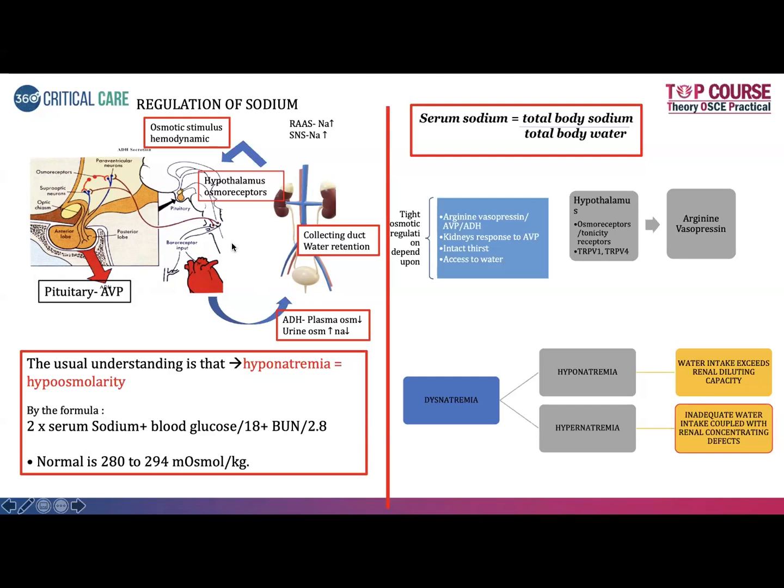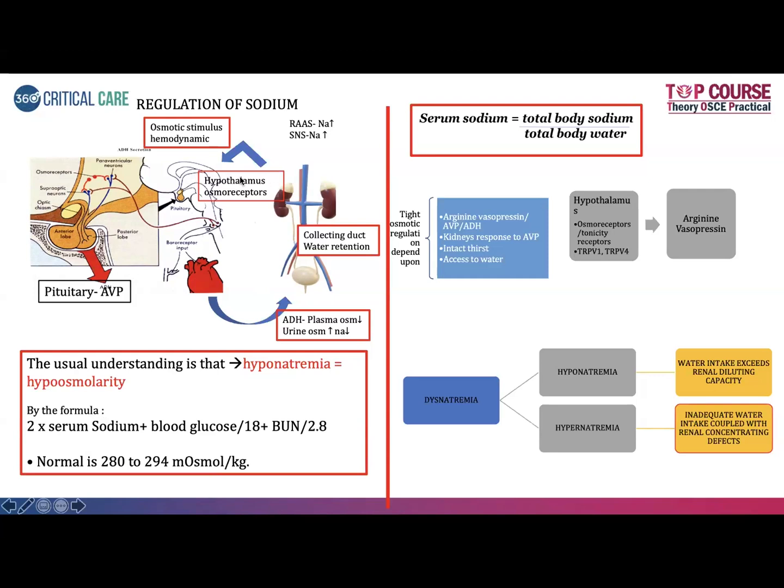So as the osmolarity of the blood changes, and also if there is a change in the volume, that is hypovolemia or hypotension, the hemodynamic status of the patient changes, the baroreceptors which are present in the aortic and the carotid bodies get stimulated, as well as the osmoreceptors which are present in the hypothalamus respond.